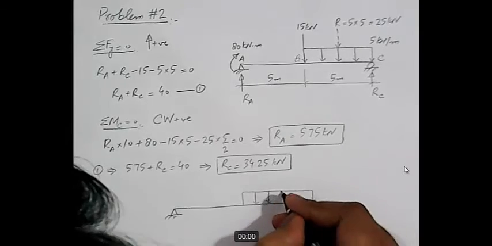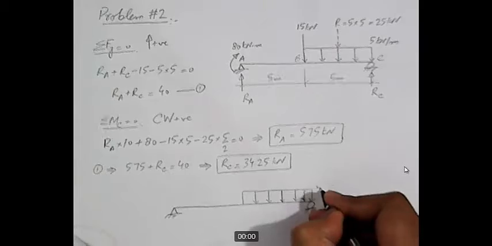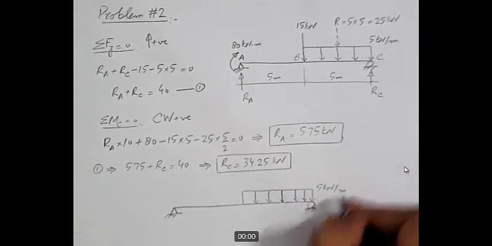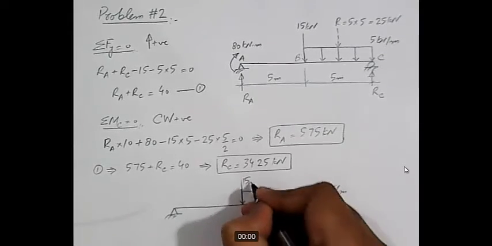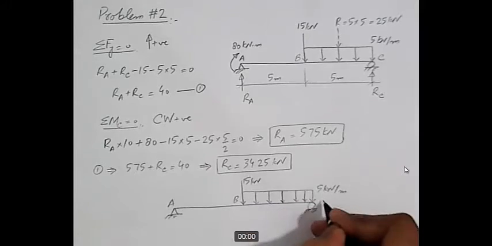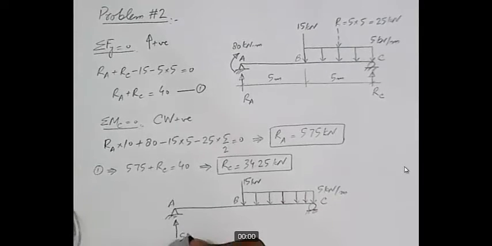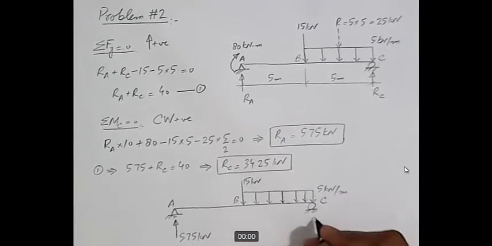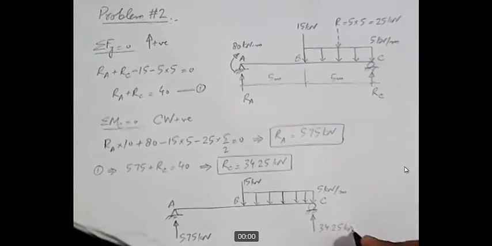Okay, intensity of UDL is 5 kilonewton per meter, and we have a point load acting at this point with a magnitude of 15 kilonewton. This point is A, this is B, this point is C. Reaction at support A, RA, is equal to 5.75 kilonewton, and reaction at support C is equal to 34.25 kilonewton.